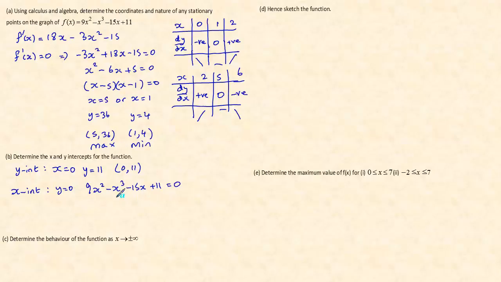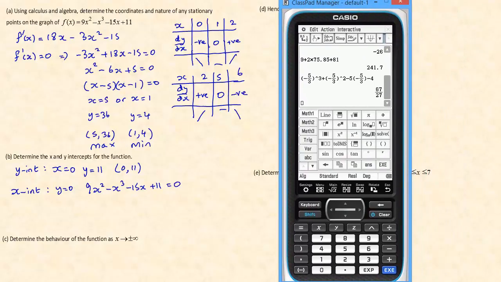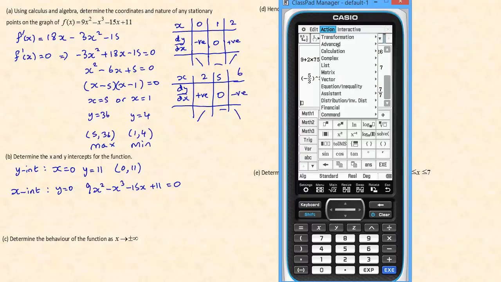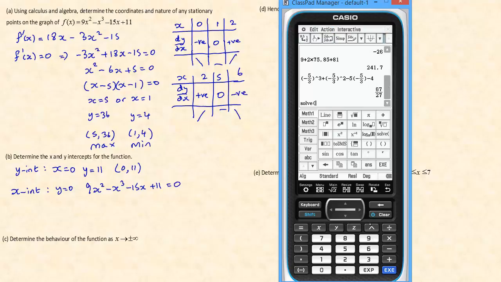Now we could go through the whole factor theorem type process with this one, but that's not really going to help us understand what we're doing here. So I'm just going to solve it. So action, advanced, solve, and we want 9x squared minus x cubed, take away 15x, add 11 is equal to 0.